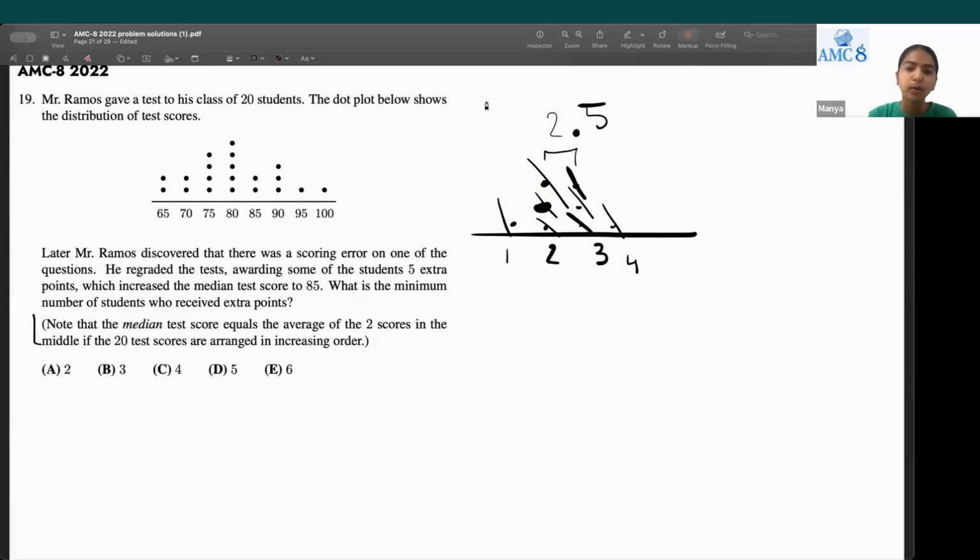This is just an example, so instead of all of this, we have to go to this dot plot here. We can start by crossing off from left to right. Here, I'll make it a bigger image.